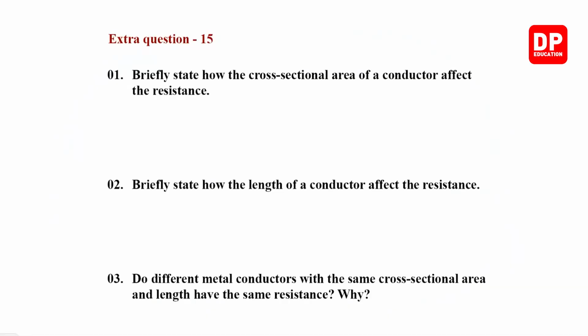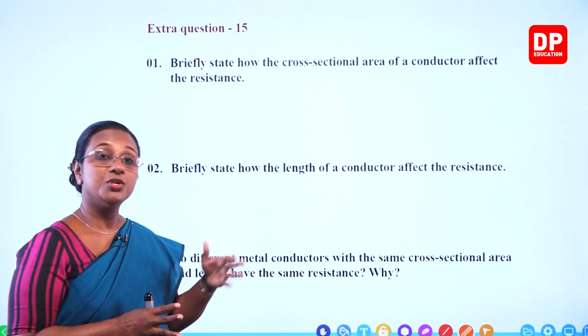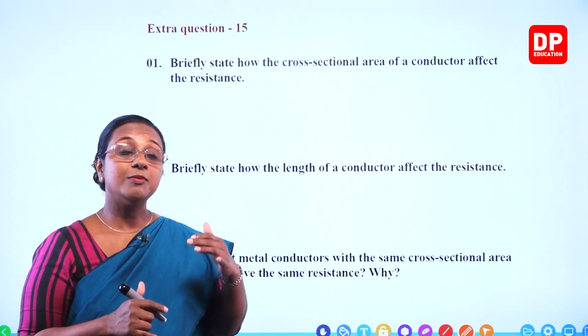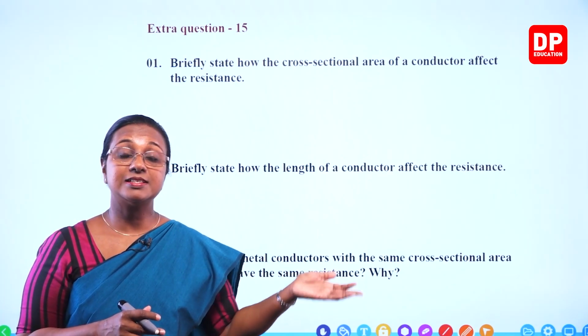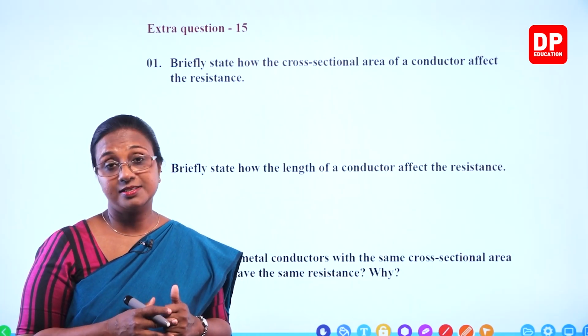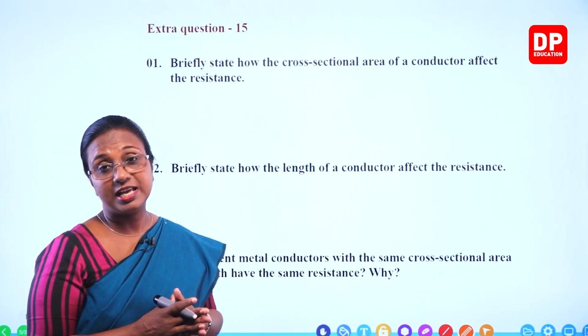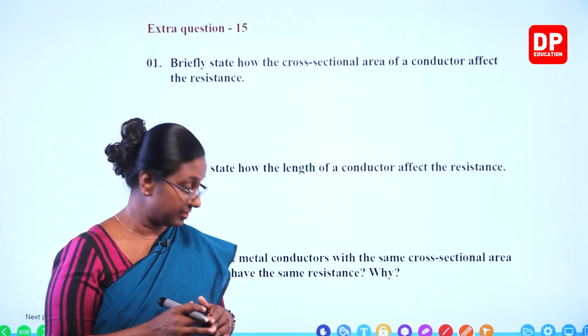Extra question 15. First one, briefly state how the cross-sectional area of a conductor affects the resistance. So, just what we discussed. When cross-sectional area increases, the resistance decreases. That is how cross-sectional area affects the resistance.